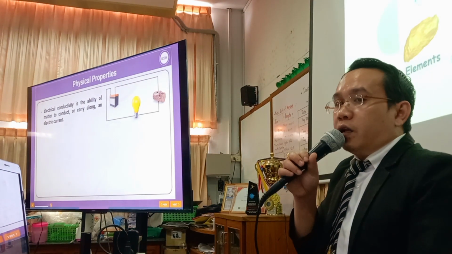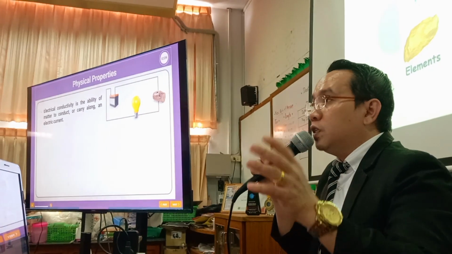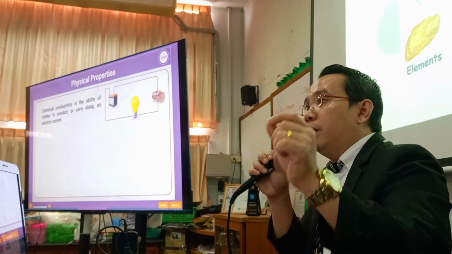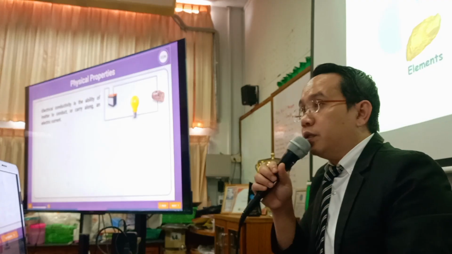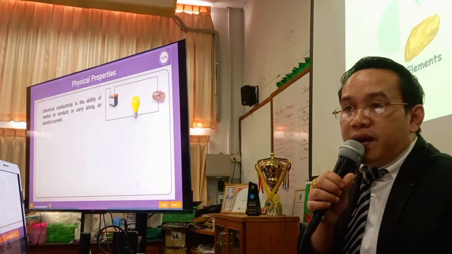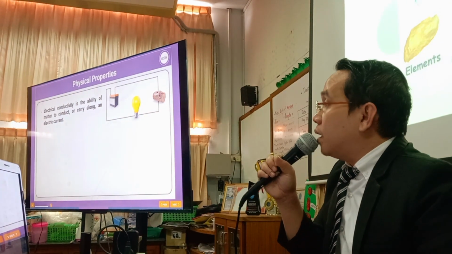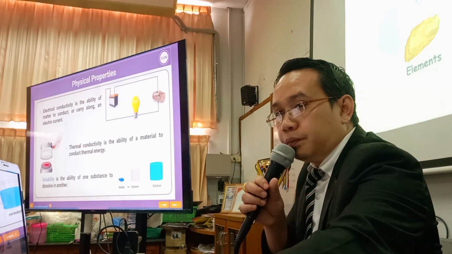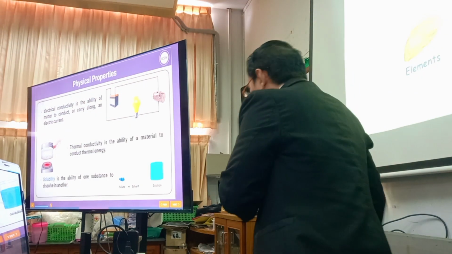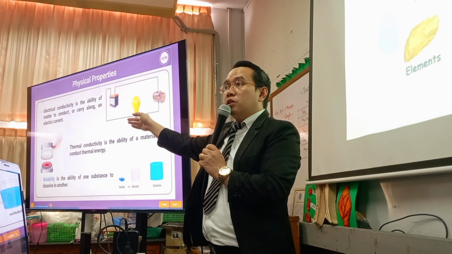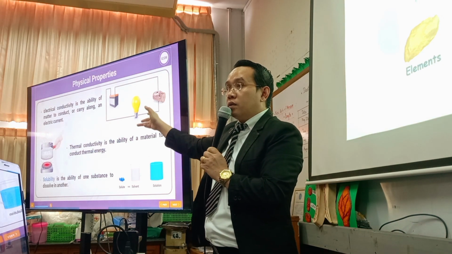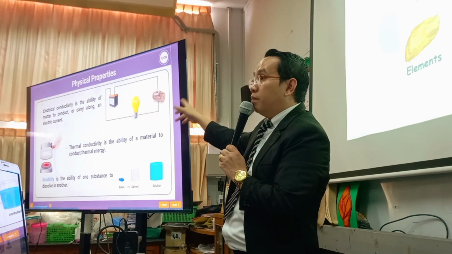In electrical conductivity, about the physical properties, this is another reaction of a substance, in which the ability of matter to conduct or carry along an electric current. As we might notice, guys, electrical conductivity depends also on the materials. We have conductor and insulator materials.